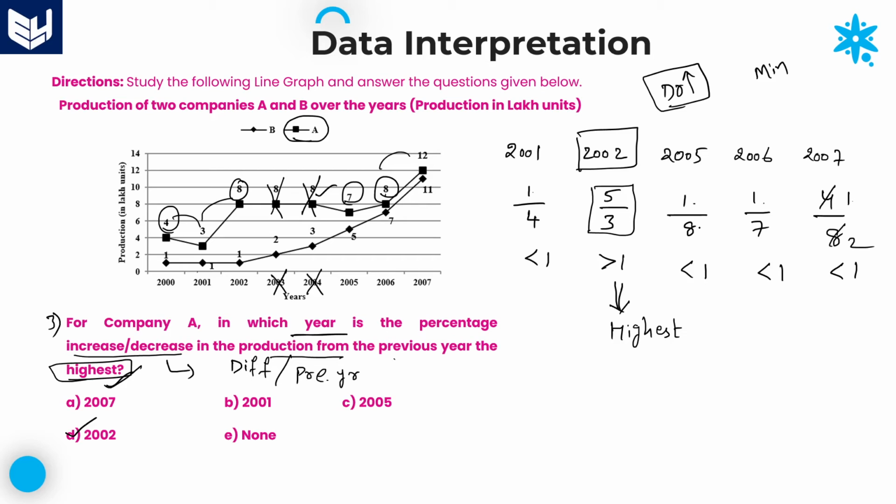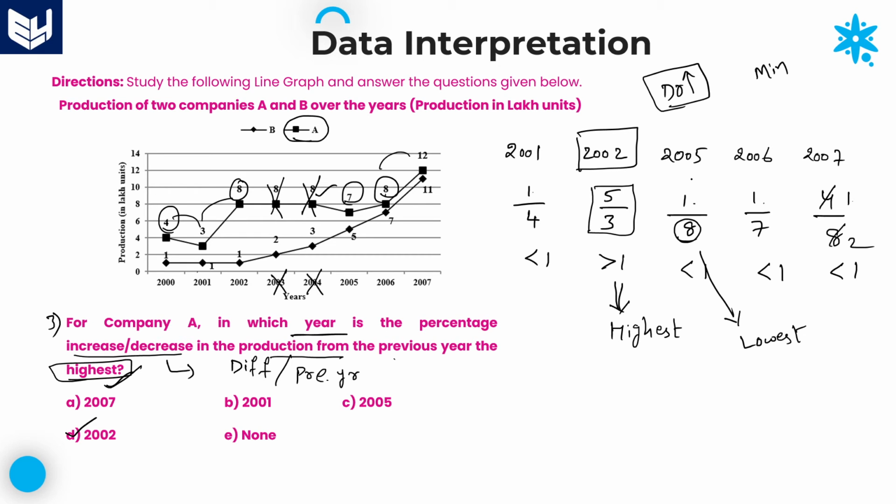The denominator value is maximum for 2005. Therefore, it is very clear that the 2005 value is lowest among these 5 I am talking about.